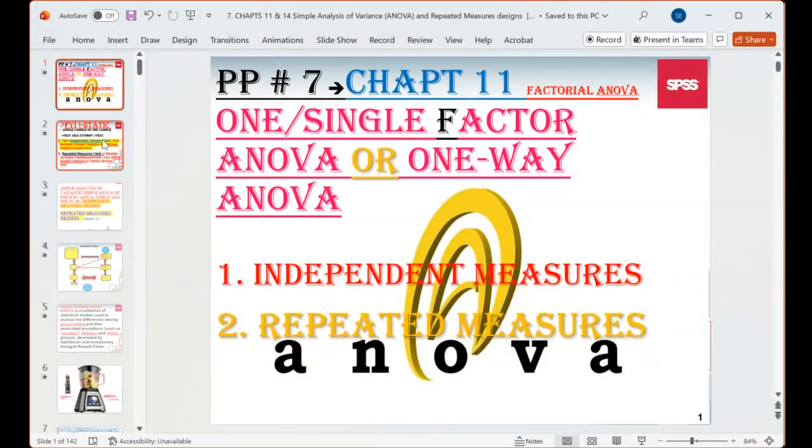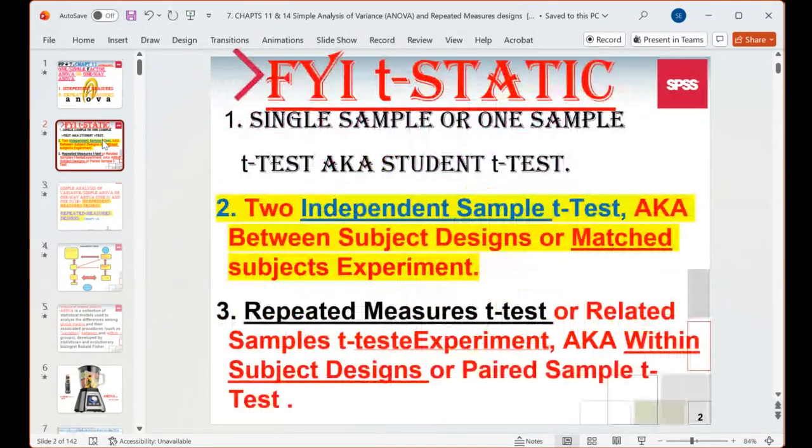So we said that for your information, there are 3 different types of t-tests. The reason I'm showing you this is because ANOVA is really another t-test. So what's the difference? The difference is that for t-tests, we only use 1 or 2 samples or groups.